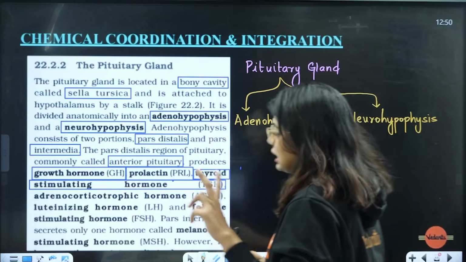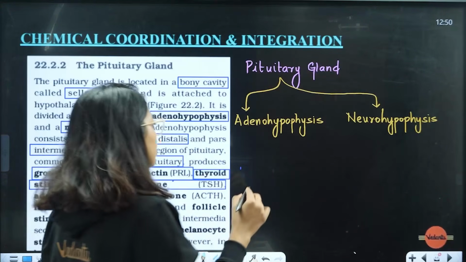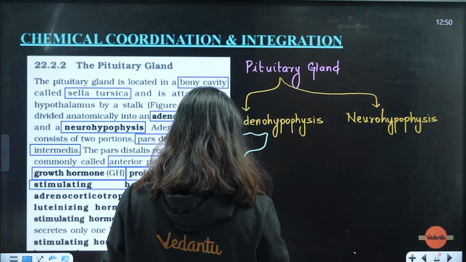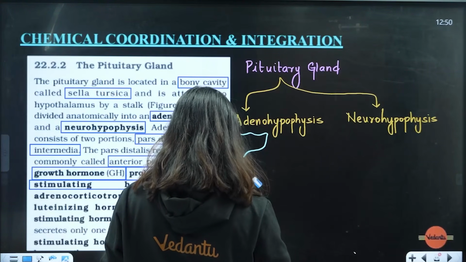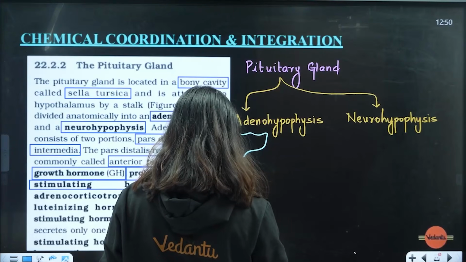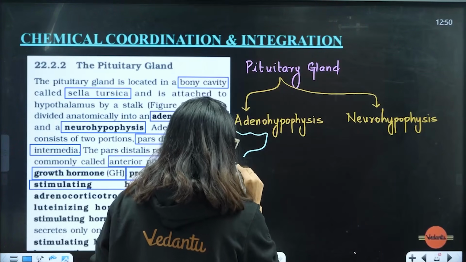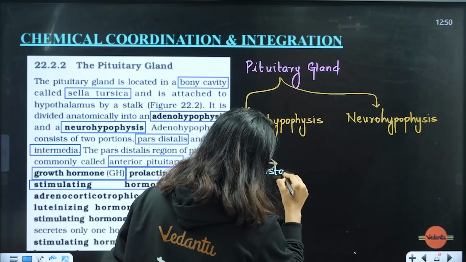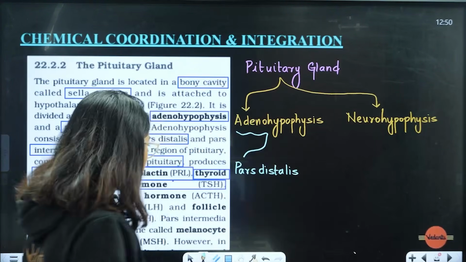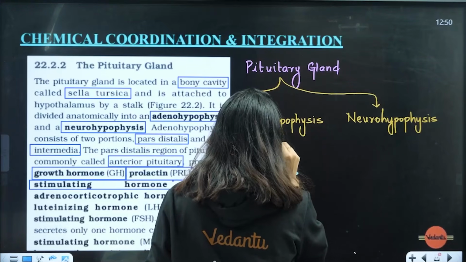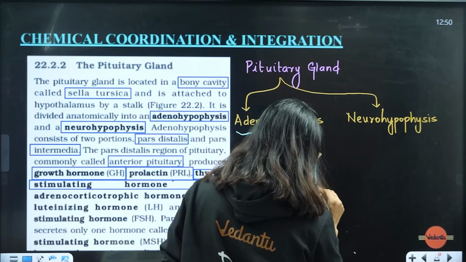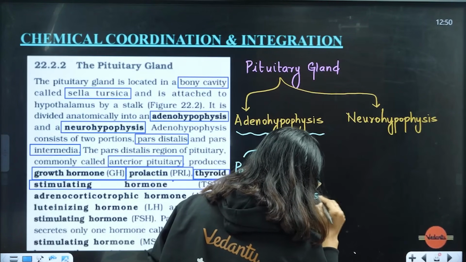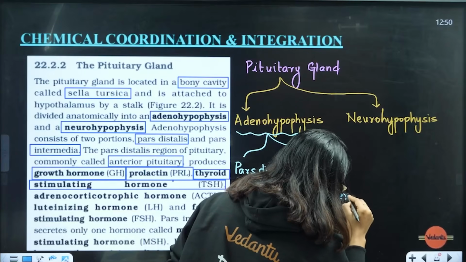The adenohypophysis divides into two regions, students. Which are those two regions? It is dividing into pars distalis and pars intermedia.